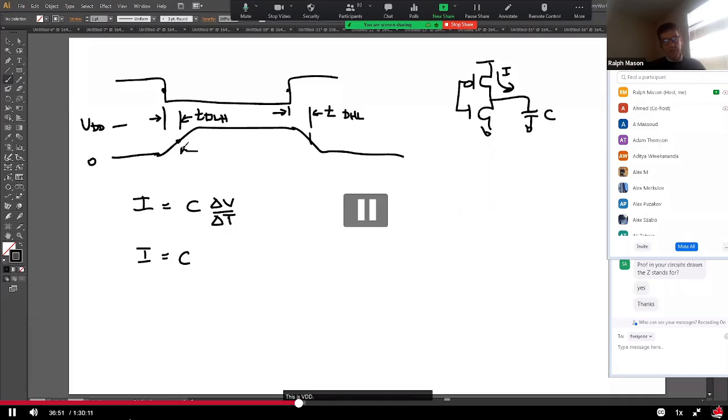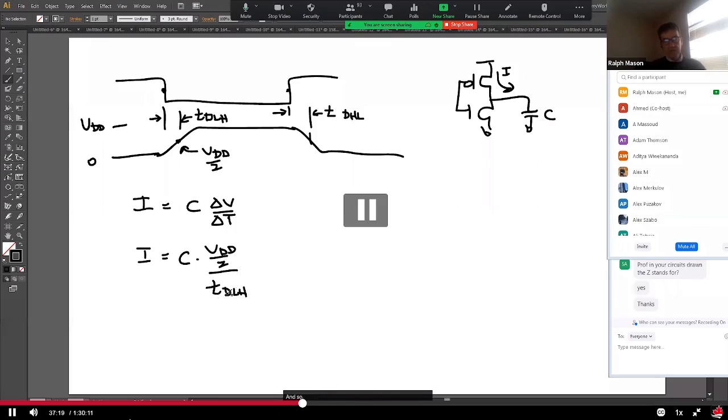So that point at the 50% is VDD over 2. I'm assuming it's a straight line. So my delta V, I'm trying to find this delay, T delay low high. The delta V is going to be VDD over 2. And then the T is what I want to find here. That's this T delay low high.